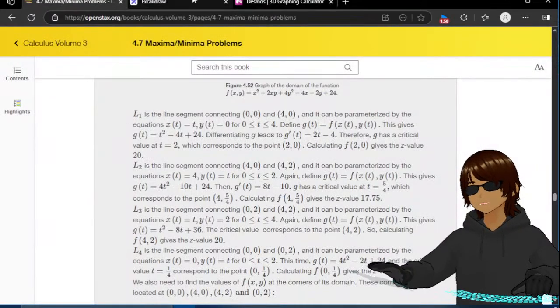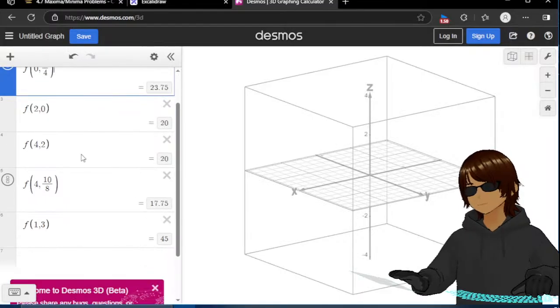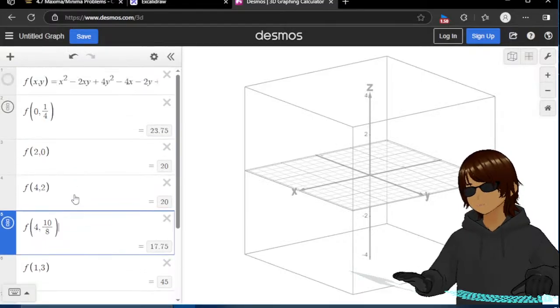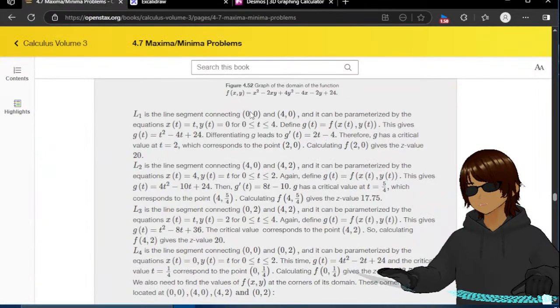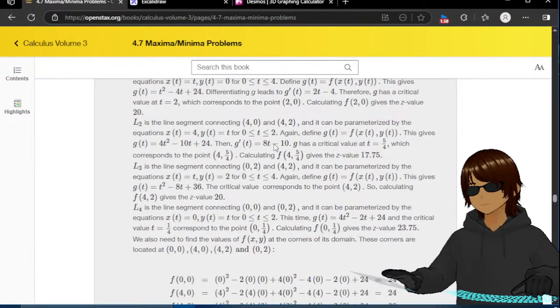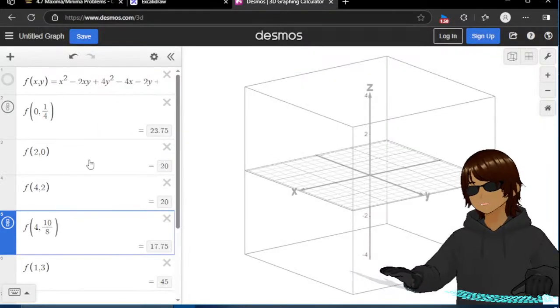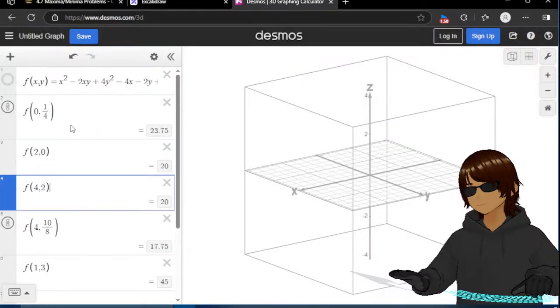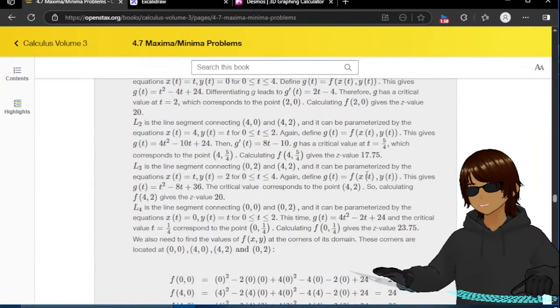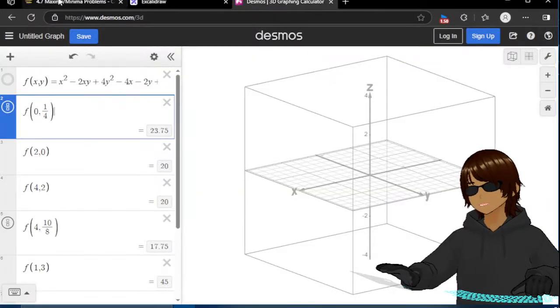No, 4 2 is not the issue. 4 2, 2 0, 4 5 over 4. 2 0, 4 5 over 4 and 4 2. It's this one that is the issue, I think. No, it's 0 1 over 4. That's correct.